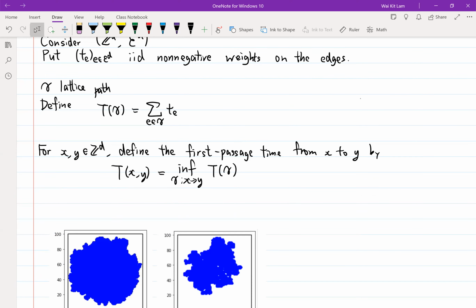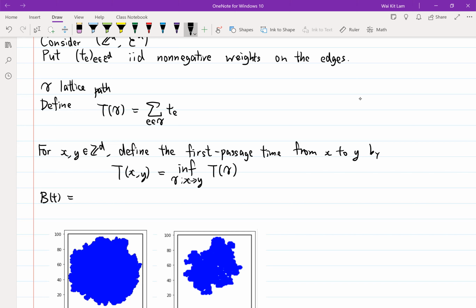Basically, in first passage percolation, what we want to study is this function t. This t defines a pseudo metric on the integer lattice, and people would like to study the asymptotic behavior of this random metric. One way to study this pseudo metric is to study the ball in this metric space.